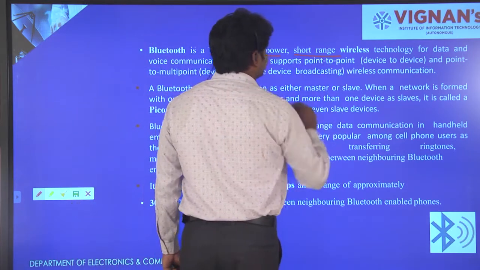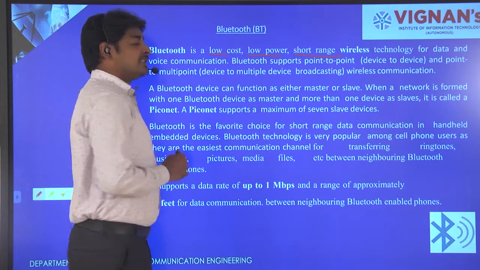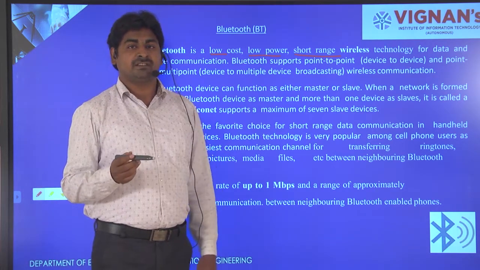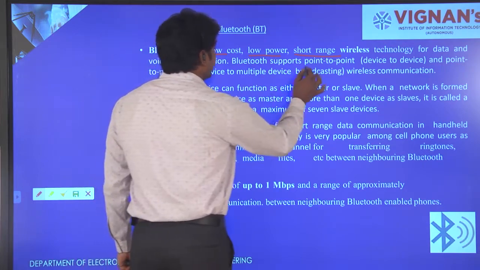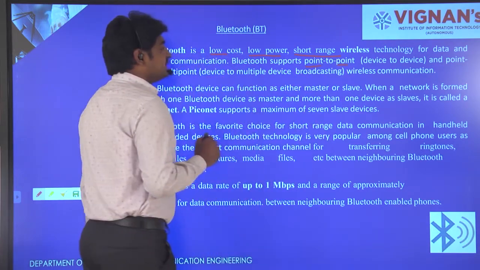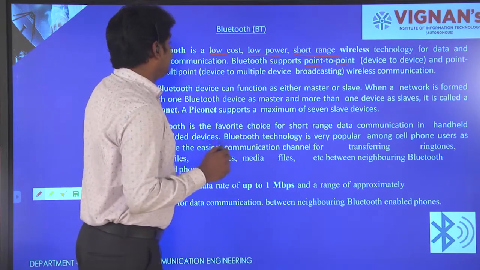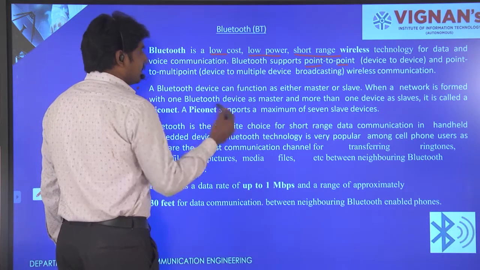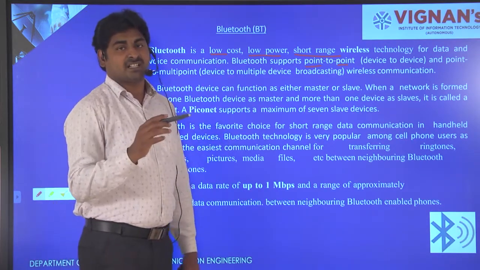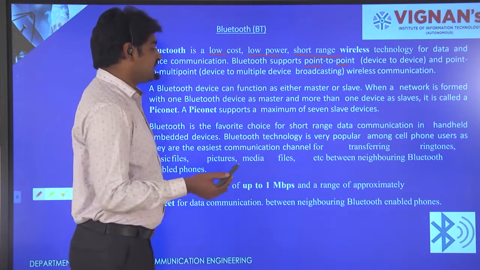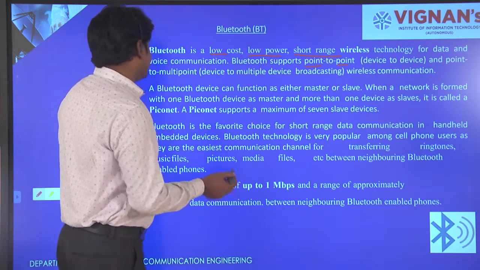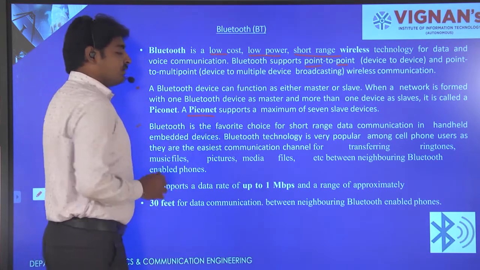So these are short range, and it can support point to point or point to multi-point. In point to point, the devices act like master, whereas in multi-point, one device is connected to multiple devices, which act like slave devices, and we call this a piconet.